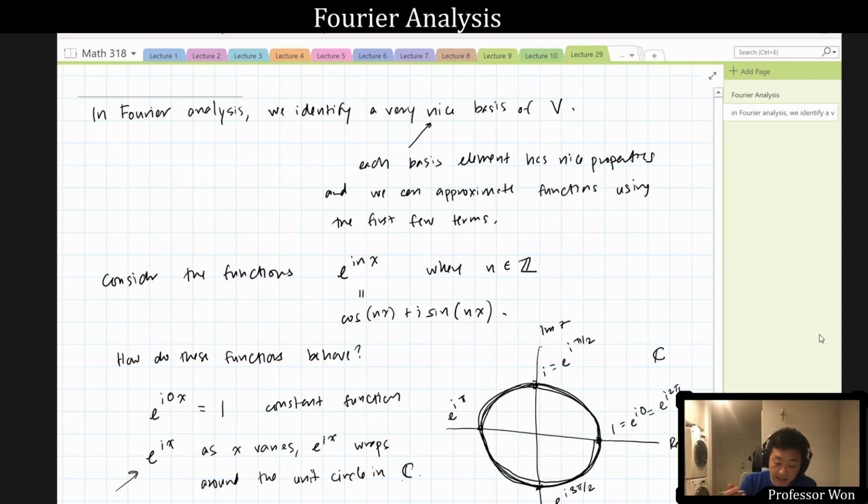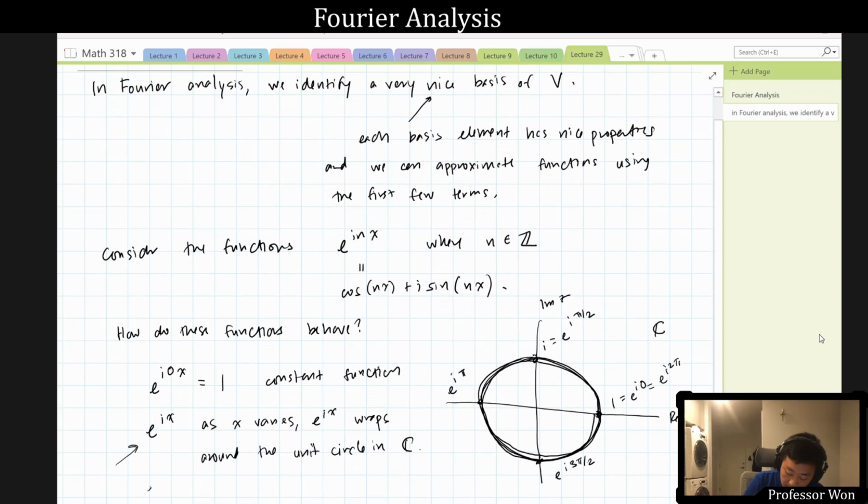Now, if I consider e to the i 2x, let me leave it on the slide so that we can actually see compared to everything else. What does this one do? Well, this one does the same thing. As you vary x, it's still only ever spitting out vectors that are on this unit circle. The only difference is that as x goes from 0 to pi, you wrap around once.